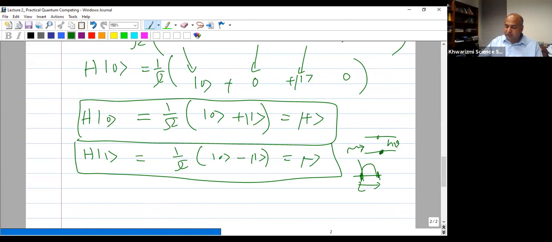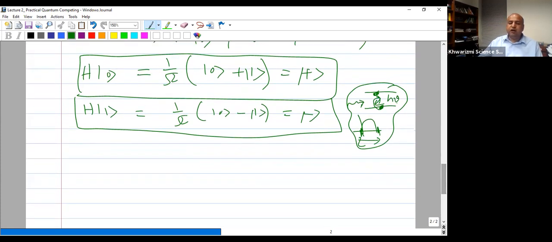If the system is in the ground state, it goes to a superposition state with the plus sign, and if the system is in the upper state, it goes to a superposition state with the minus sign. So this is one of the oldest ways of preparing superposition states, and it's very easy to implement physically. So this gate is not only important logically, because 0 goes to plus and 1 goes to minus, but it is also easy to implement physically. That's why it's almost an integral part of most of the quantum algorithms that we will study in this course.